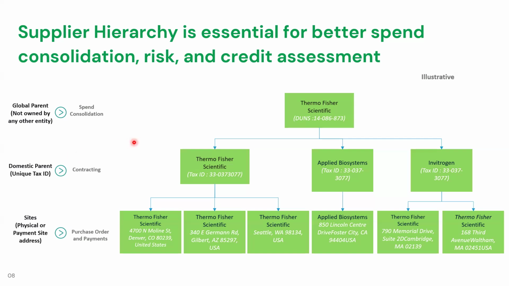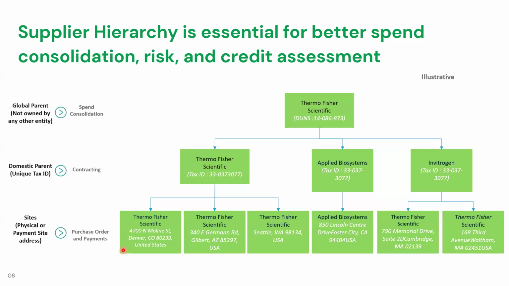So as I said, this is a very simplified view. The takeaway is that you need to understand what your business needs and accordingly tailor the hierarchy. You can be selective about what you want to use from third-party data like Dun and Bradstreet. But there is no debate, no two different opinions, about having a global parent from third party. That is clear.